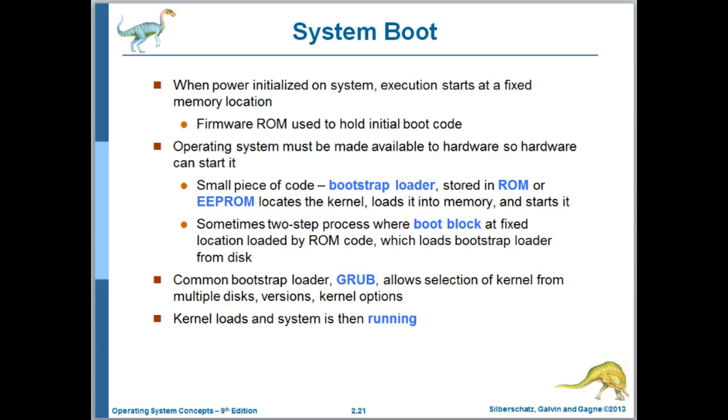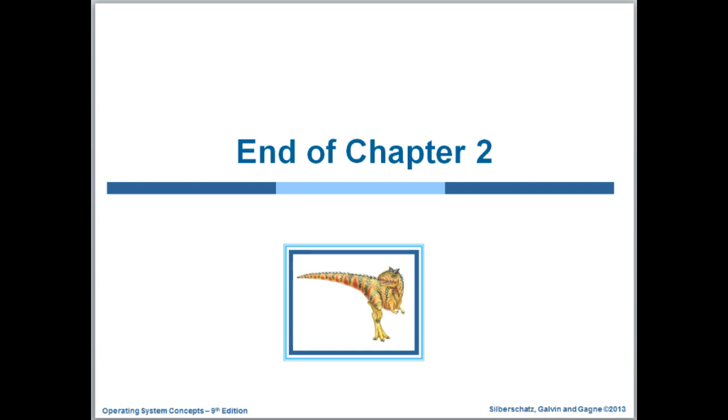There may be a 1.5 stage boot program loaded after that, at which point the next stage could well come from a partition on the boot disk, which will finally load the kernel, and the kernel itself can go through a few stages. Then after all that, the kernel loads up and goes into passive mode after it gets system services started. All right, that concludes Chapter 2.